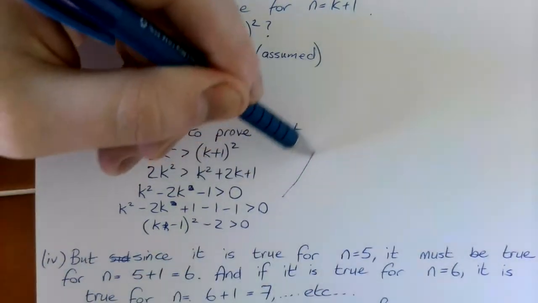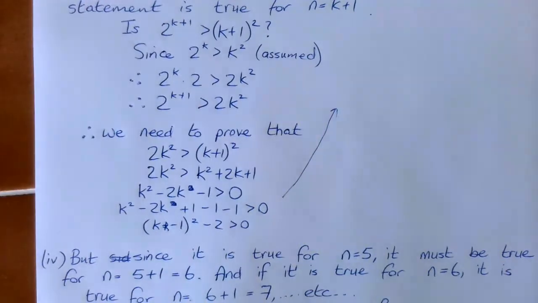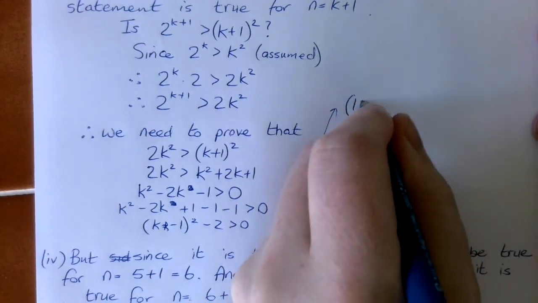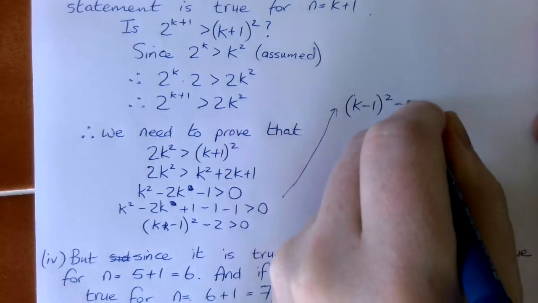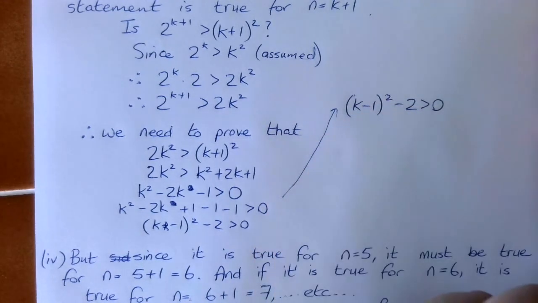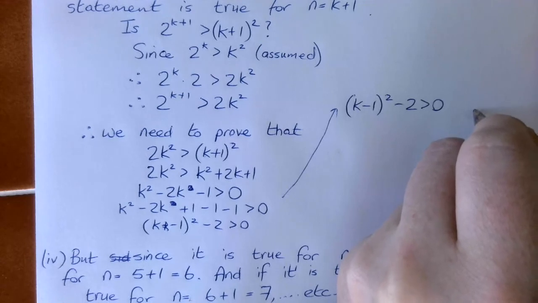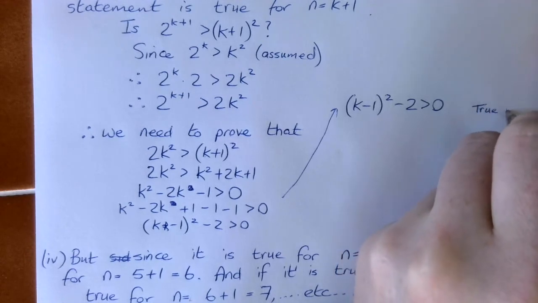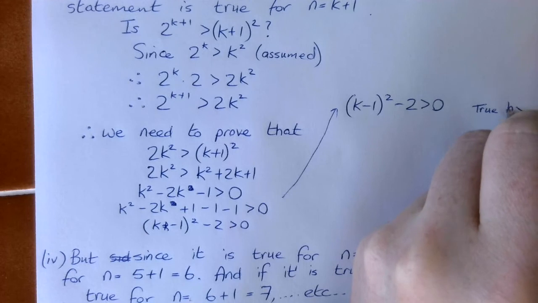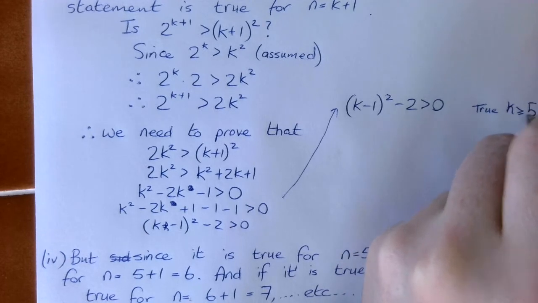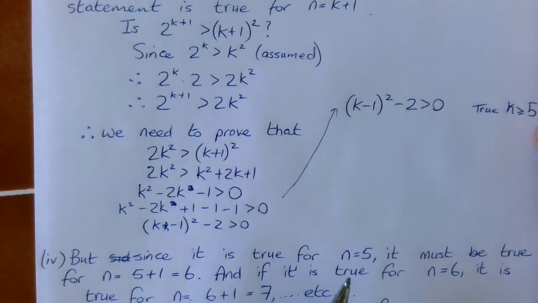Then we're going to take that all up here. So for (k minus 1) squared minus 2 is greater than 0, we know that is going to be true for k greater than or equal to 5, since we have that up above.